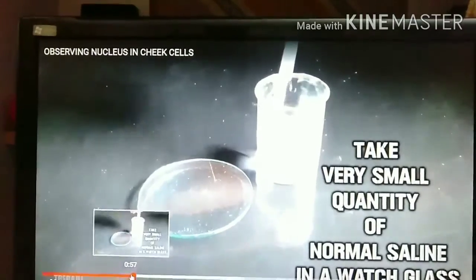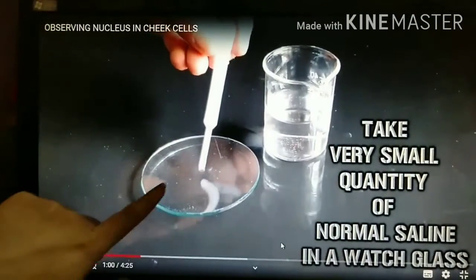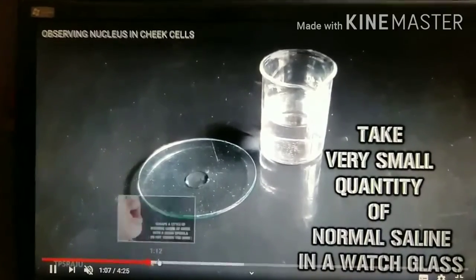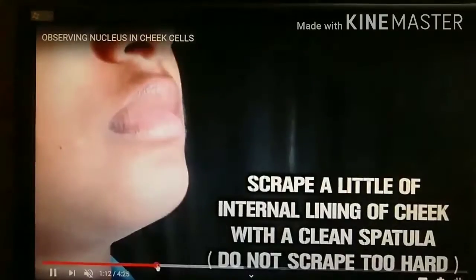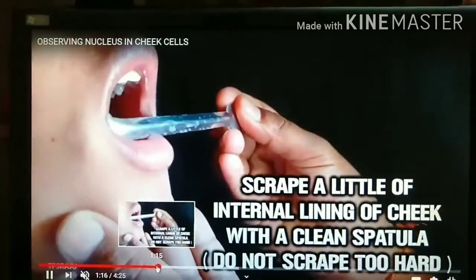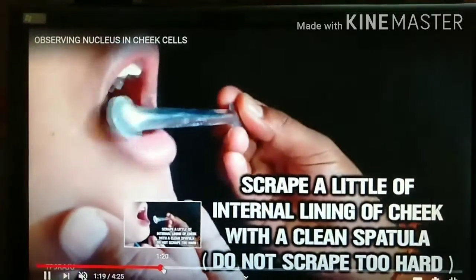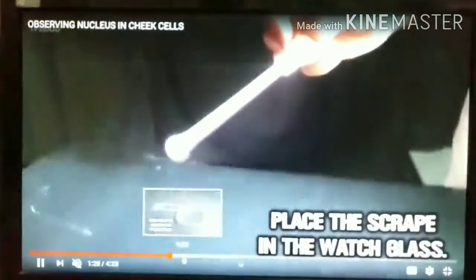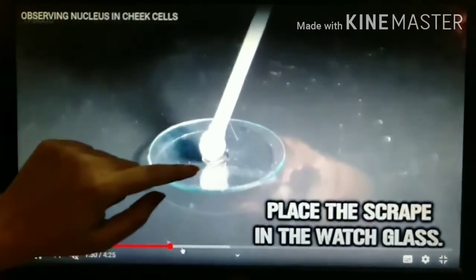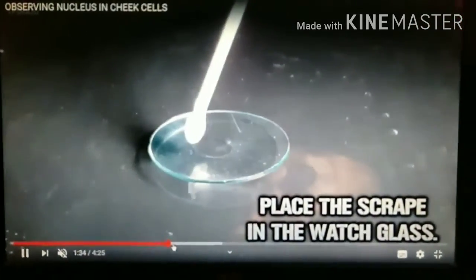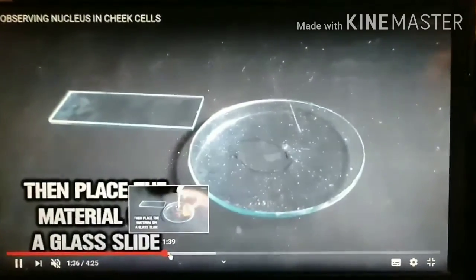First, take a drop of water or normal saline and keep it in a watch glass. Then scrape the cheek cells with the help of a spatula, or you can use a toothpick. After this, mix the cheek cells in the normal saline.